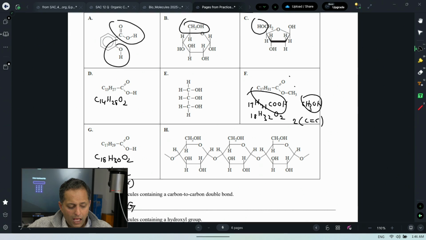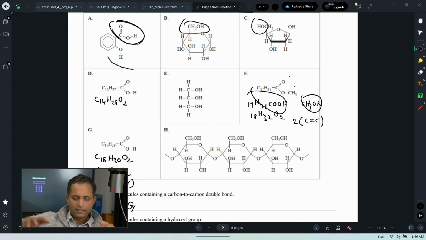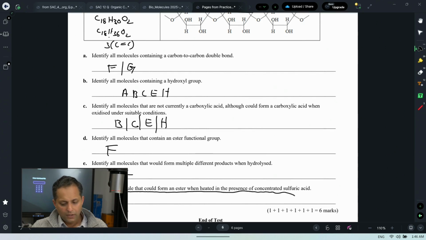When you add sulfuric acid and heat it up, this is what will happen. One molecule with the carboxyl group reacts with another one with the hydroxyl group and forms an ester. One molecule's OH goes with the other's carboxyl group and forms an ester. So A is the answer.